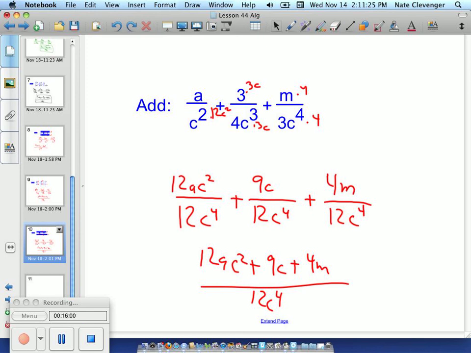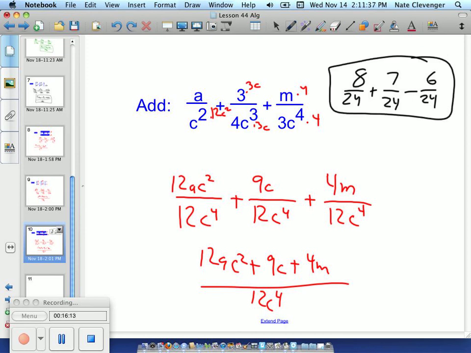If you were adding numbers, just numerical numbers, and you had 8/24 plus 7/24 minus 6/24, you're not going to leave your answer like this. You're going to work it on out, put it over one denominator.